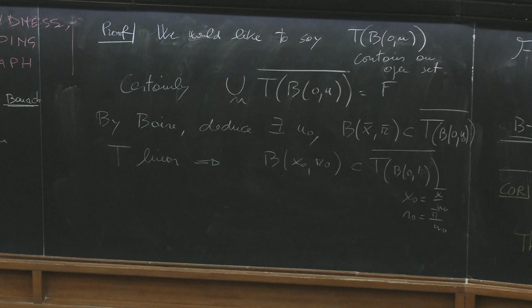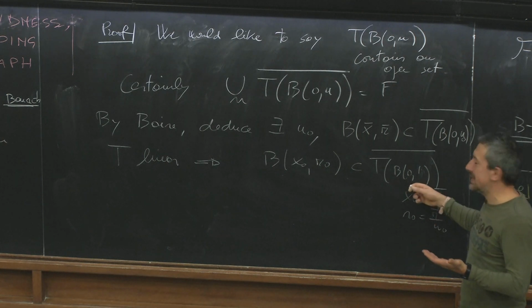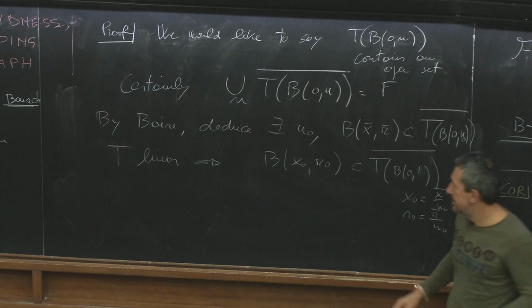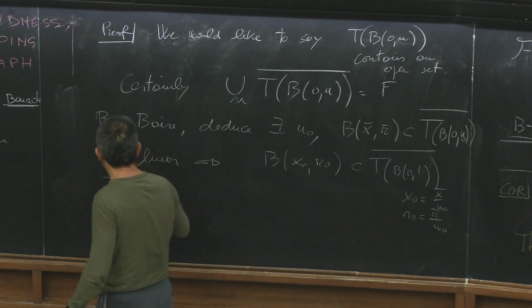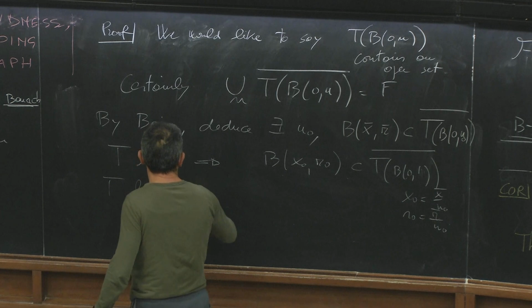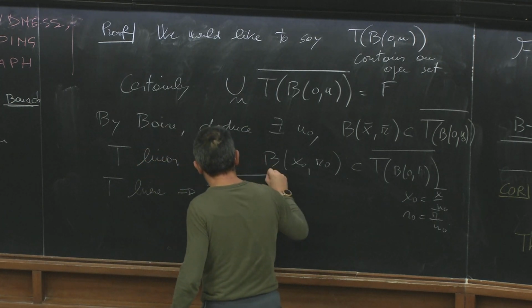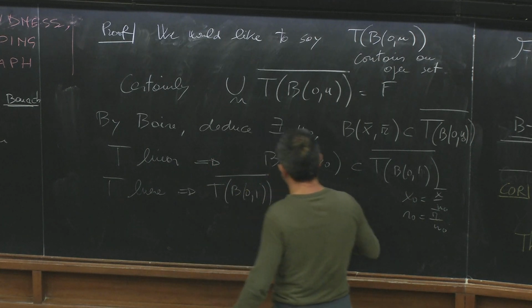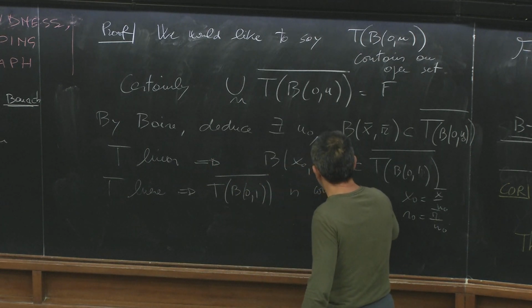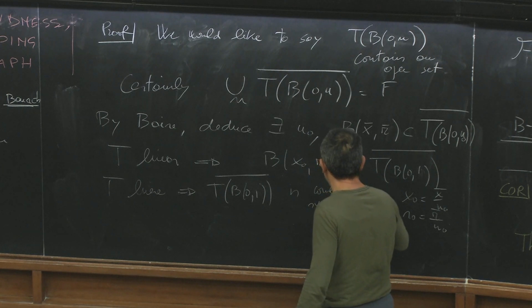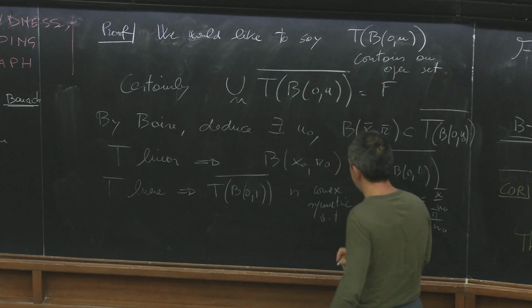Now by linearity, this set is symmetric with respect to the origin and convex. Again, T is linear, so the closure of T(B(0,1)) is convex and symmetric with respect to the origin.